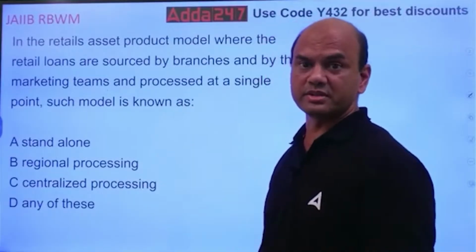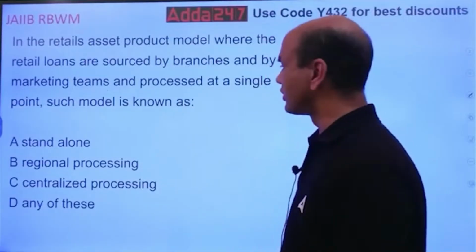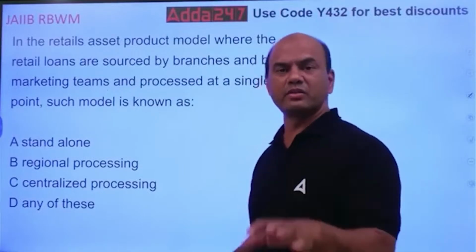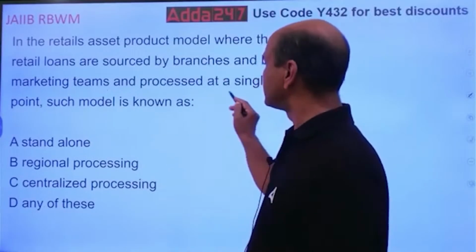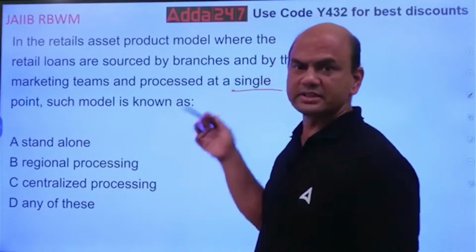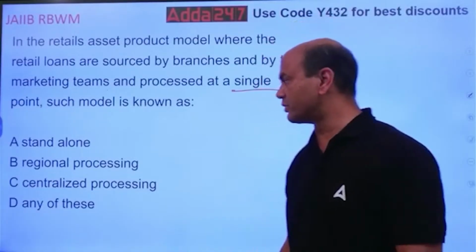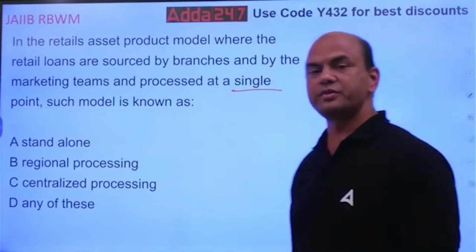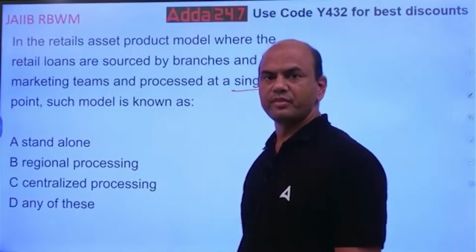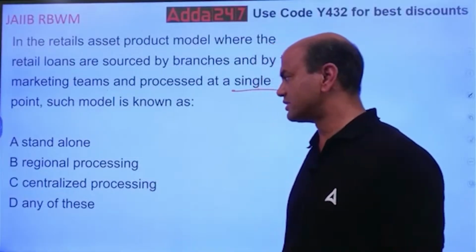What was the earlier question? It was standalone versus CPU. Now this is processed at a single point, meaning processed at a CPU. So what model is this called? Standalone, regional, centralized processing, any of these.